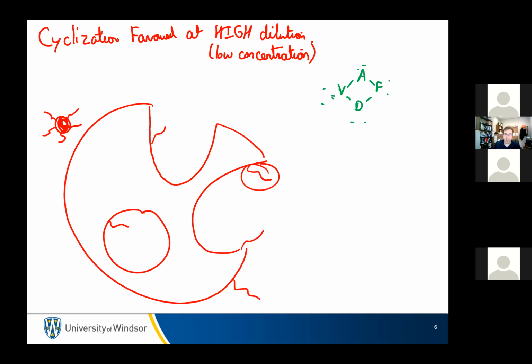Rings have no beginning or end, so it doesn't matter where I start. So if I can immobilize D onto my bead, that seems like a good place to start. So what I can do is protect the alpha.